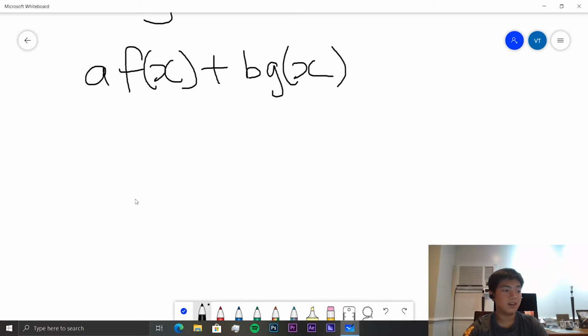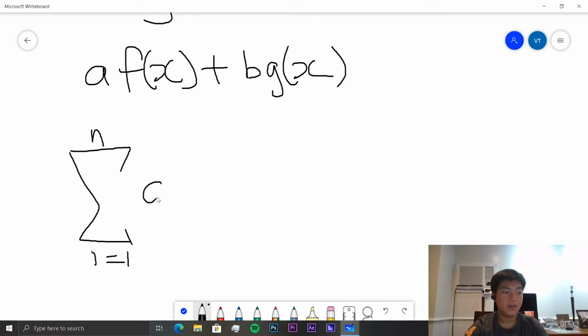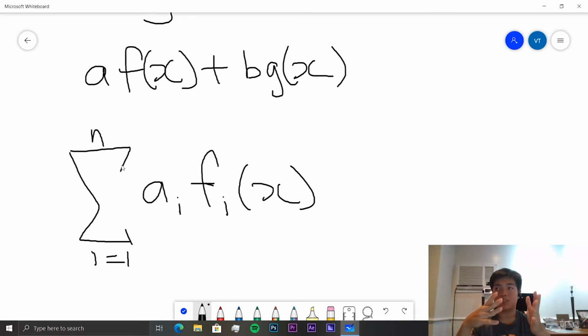And so a linear combination of n functions is an expression of the sum from i equals 1 to n of a_i times f_i of x. This is more or less saying that if you want to add n functions together in a linear combination, it's going to be those functions added together, or the sum of the functions.